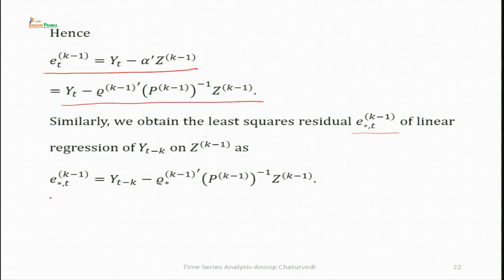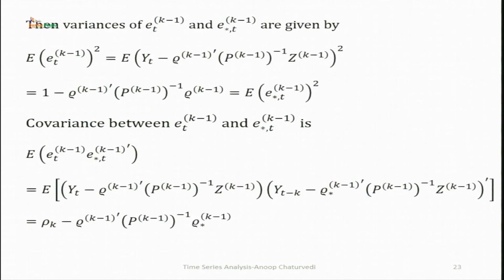The final expression for e star_{t,k-1} is y_{t-k} minus rho star_{k-1} transpose P_{k-1} inverse z_{k-1}. So these are the expressions for the two residuals, and your objective is to find the correlation coefficient between these two residuals.